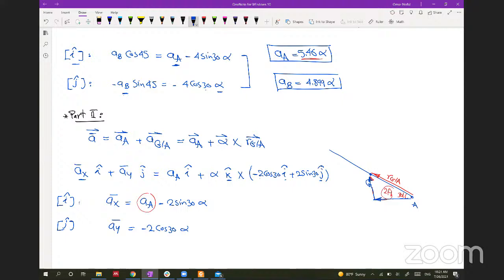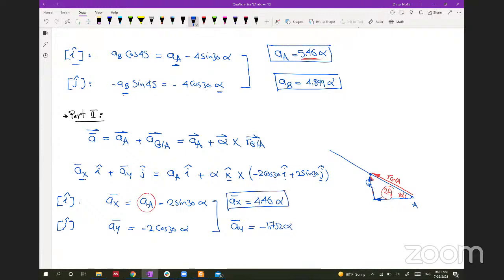So right now we will be able from these two equations to get AX bar equal to 4.46 alpha of the body, and AY bar equal to negative 1.732 multiplied by alpha.